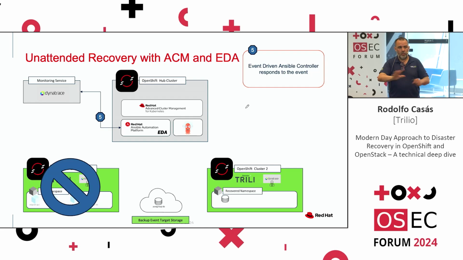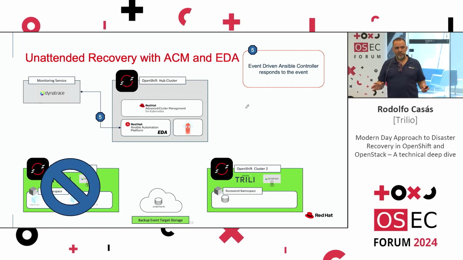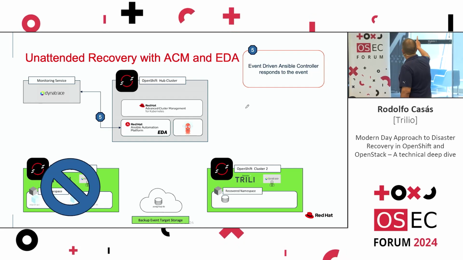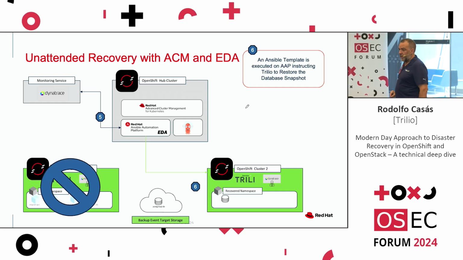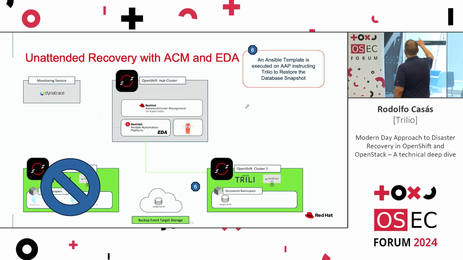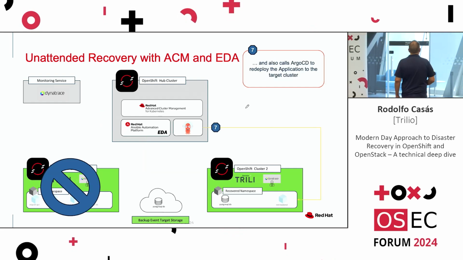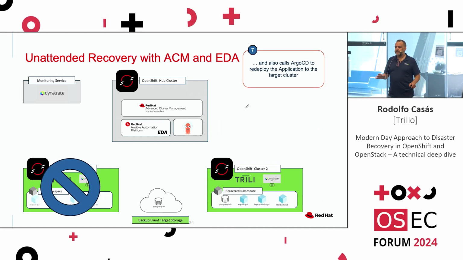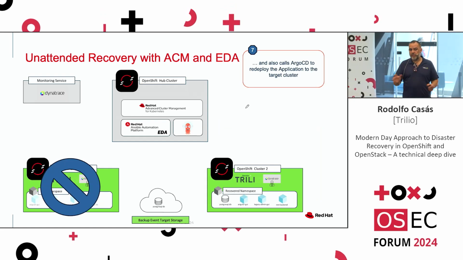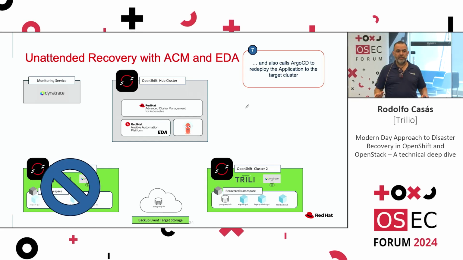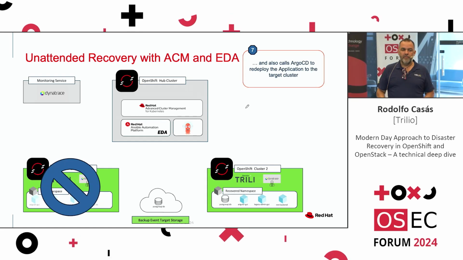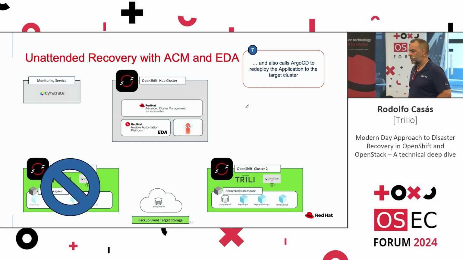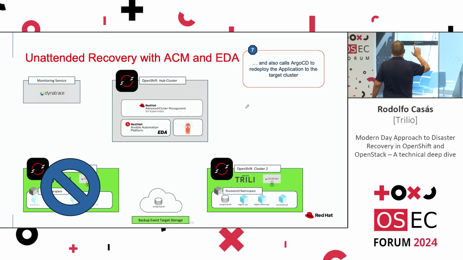Second, try to restart it or whatever. And then, okay, it's not recoverable. Now, let's run some Trilio playbooks to restore the database to the other side, okay? And Argo CD for the application. All of this is unattended. Everything can be automated and built as infrastructure as code.